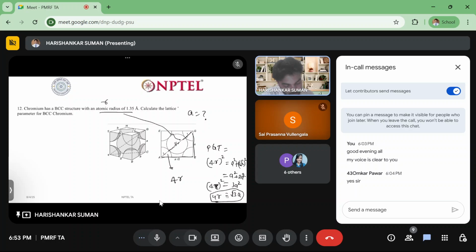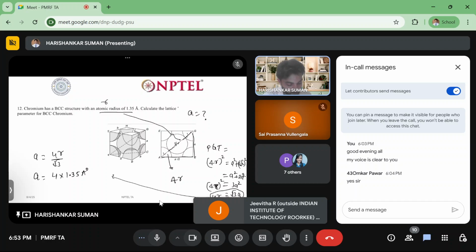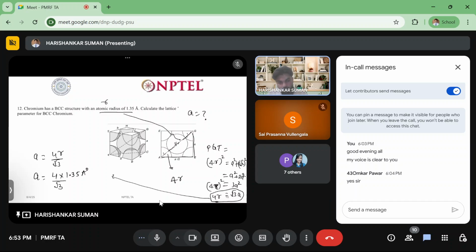Now you have to calculate A. R is already given. So for A, 4R divided by root 3. Put the value of R in terms of angstrom. Please calculate this number. What is the answer? Tell me now.